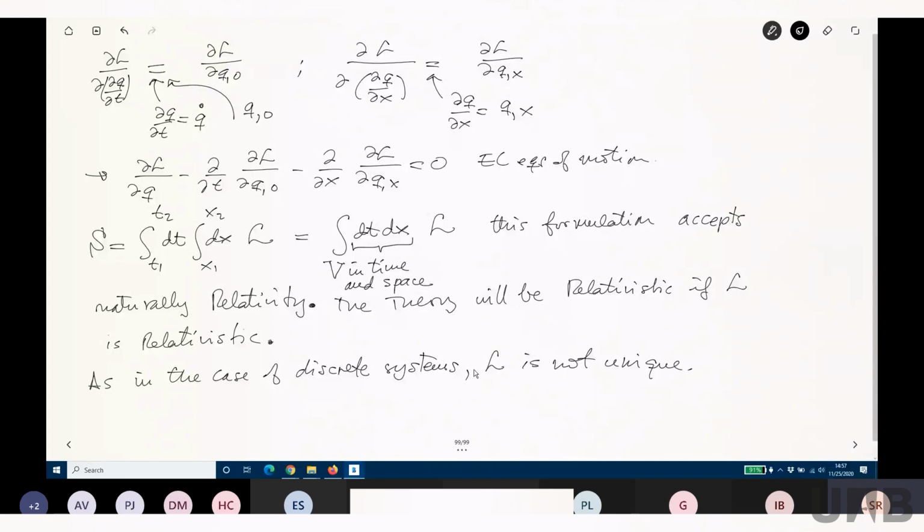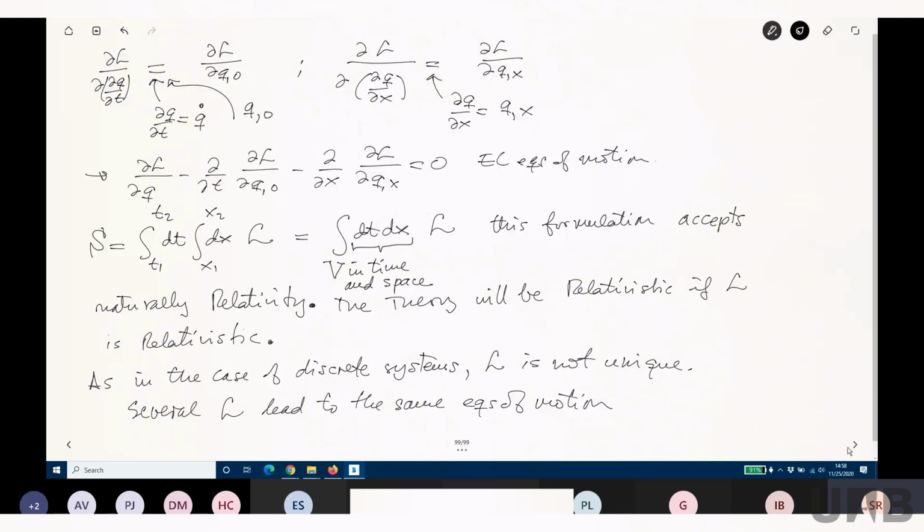But now we can say the Lagrangian density is not unique. So why is it not unique? Unique means that there are several Lagrangians. So several Lagrangian densities lead to the same equations of motion, right?